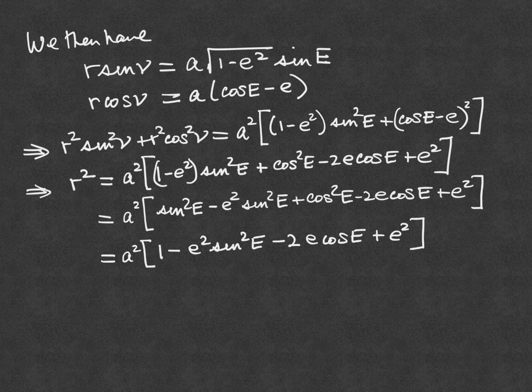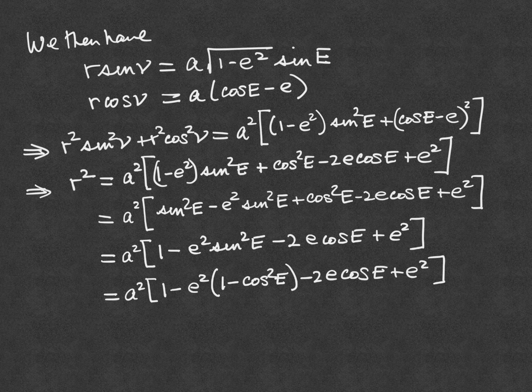Now what we can do is substitute in for sine squared e. So this gives 1 minus e squared, well, sine squared e is equal to 1 minus cosine squared e. And then we have minus 2e cosine of e plus e squared, which is then equal to a squared.